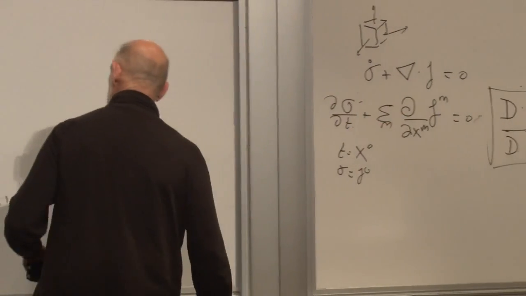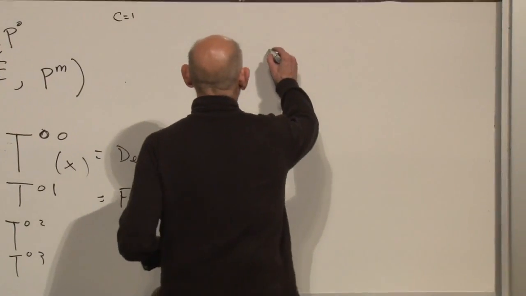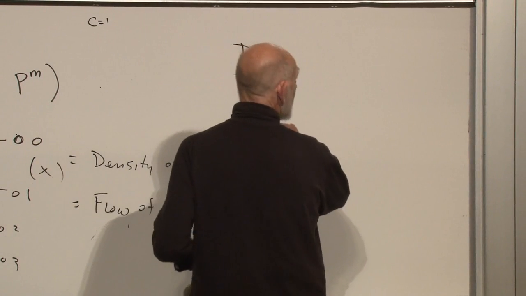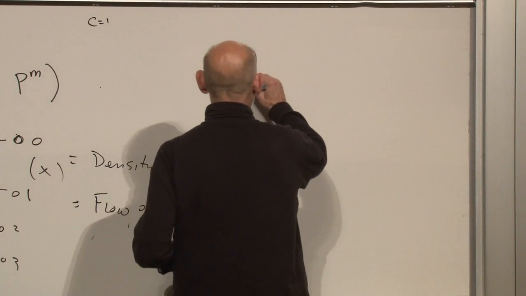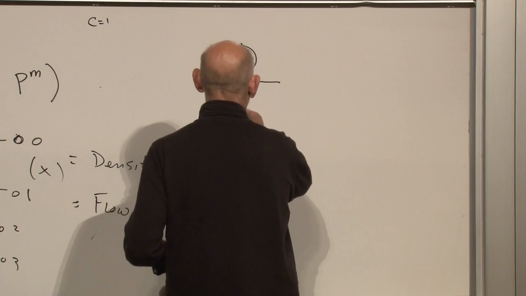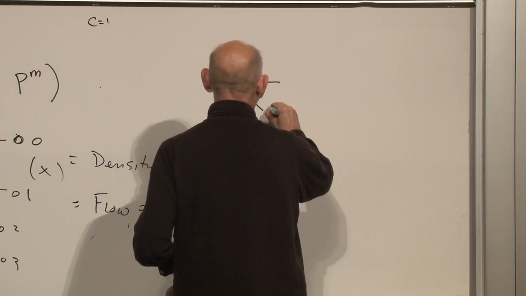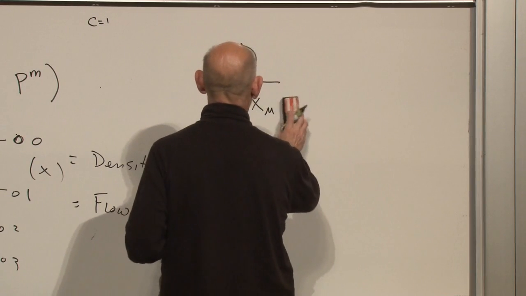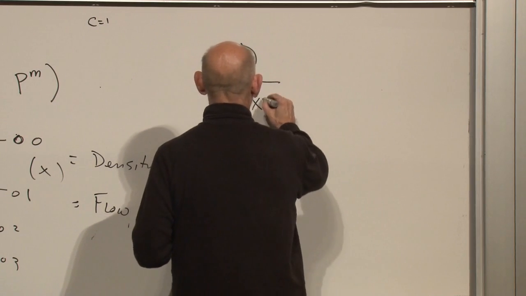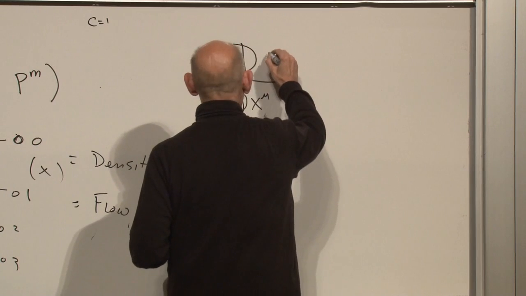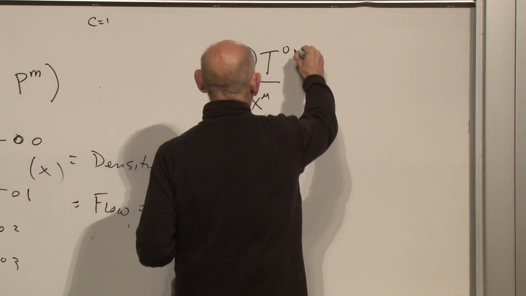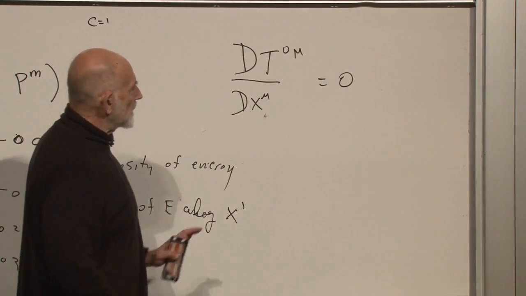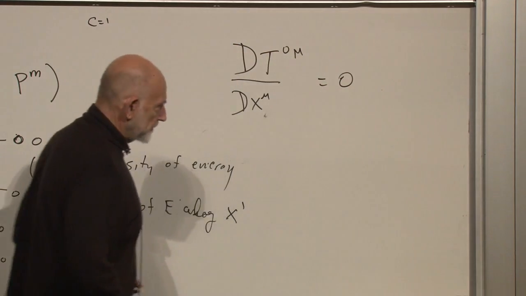All right, so what it tells us is that the covariant derivative with respect to x mu of T naught mu is equal to 0. This is the analogous continuity equation for energy.